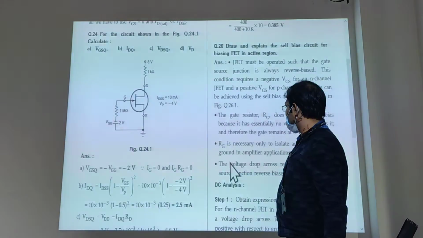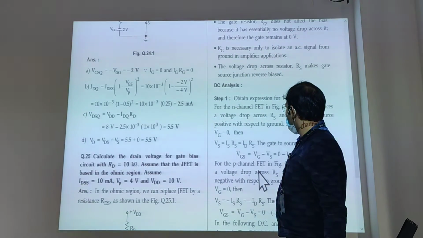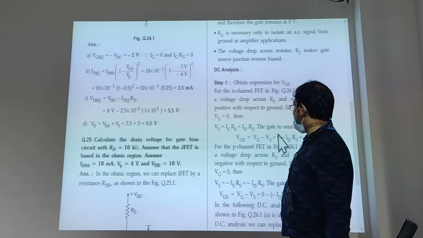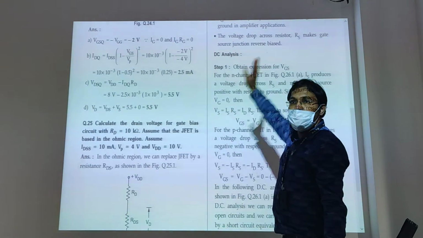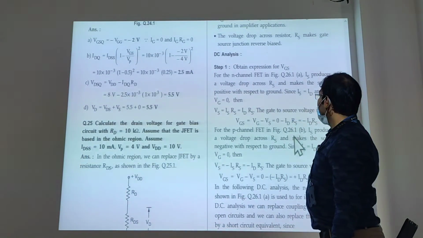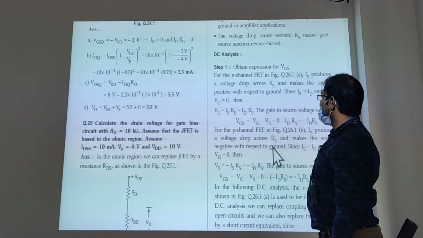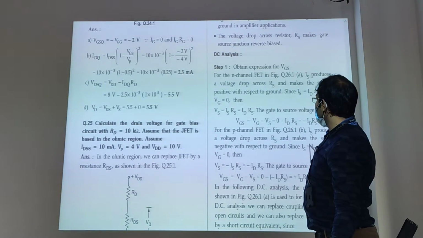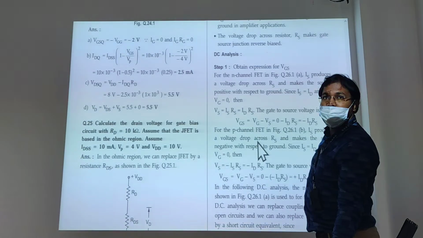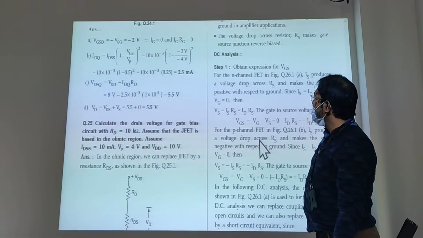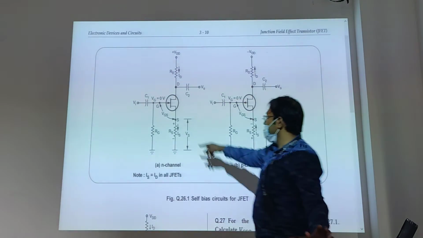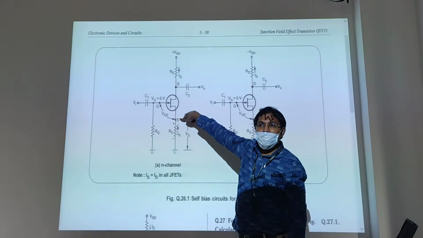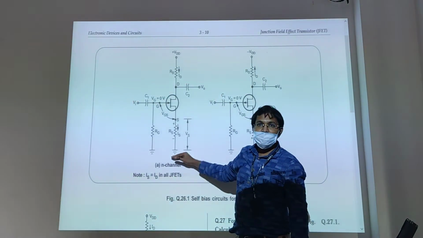Let us see those points also. Till here I hope everyone understood. Next, for P channel FET, in the second circuit we have seen, IS produces a voltage drop. Now this voltage drop makes the source negative. Let me go to that circuit. Here, source voltage is positive.